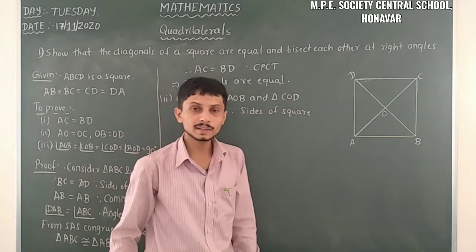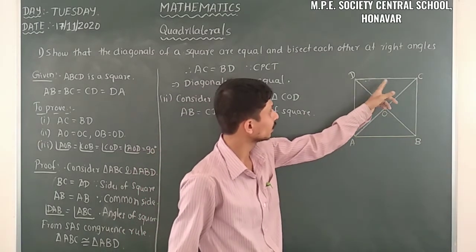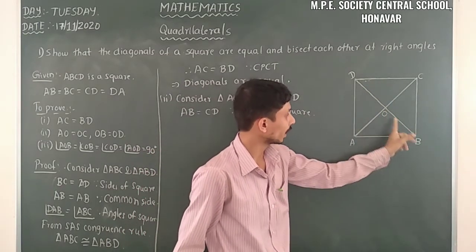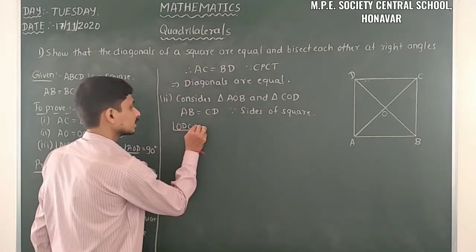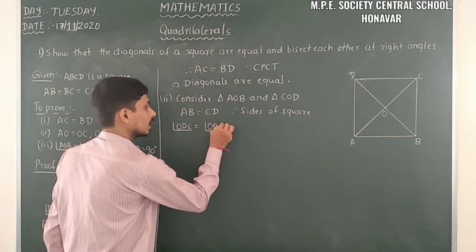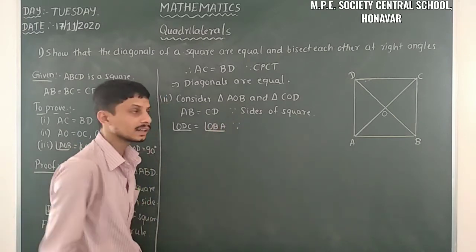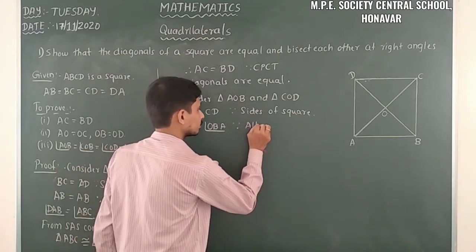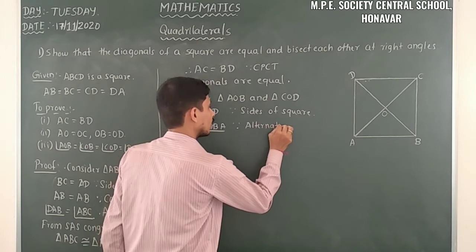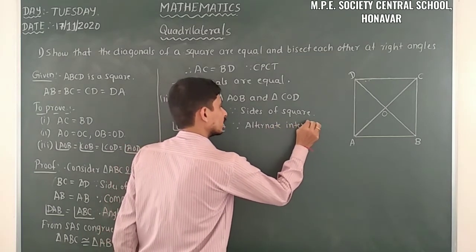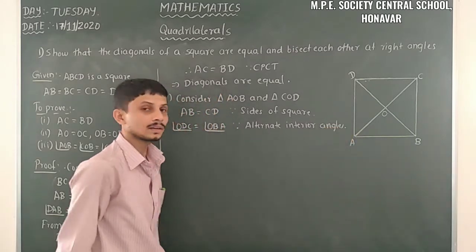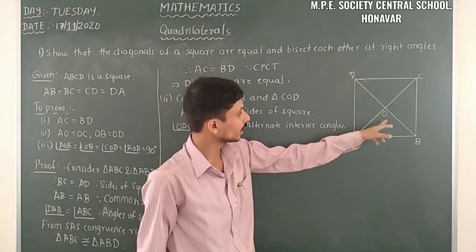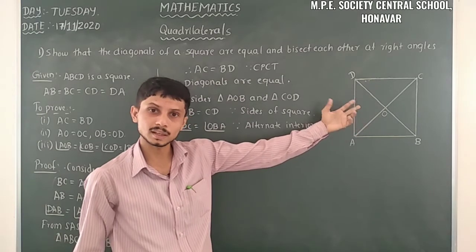Then what are the alternate interior angles possible here? Angle ODC is equal to angle OBA, because they are alternate interior angles. Then what's the other pair?